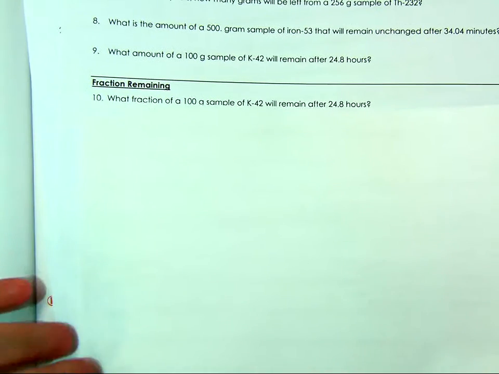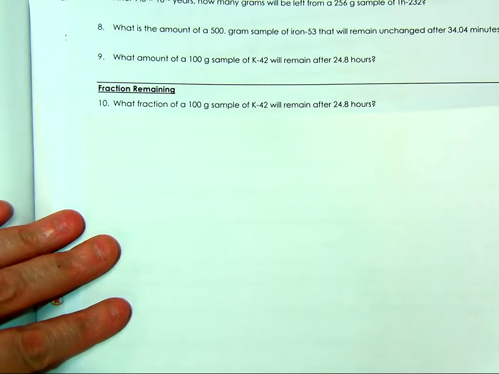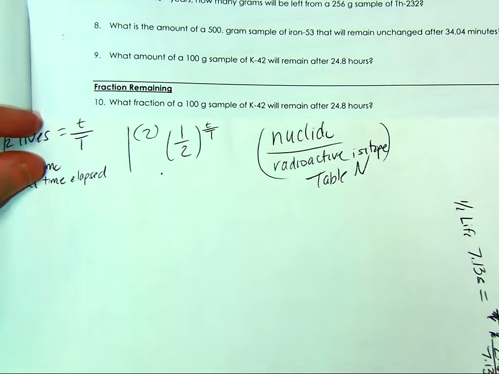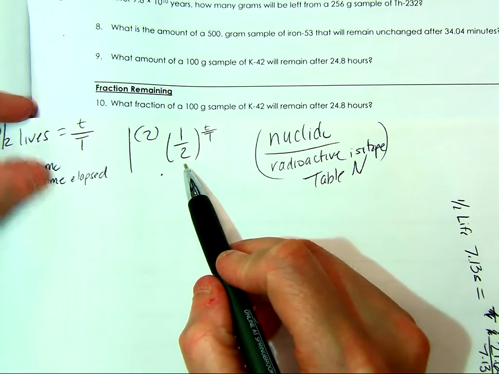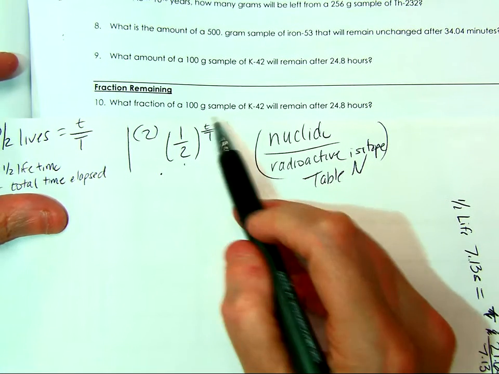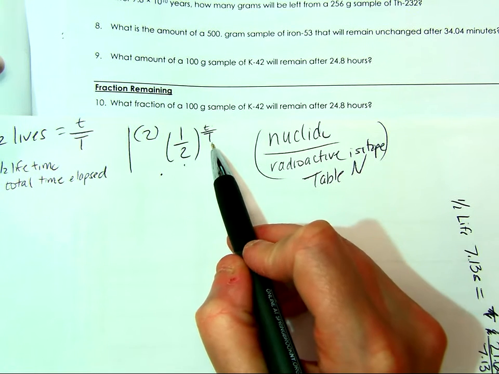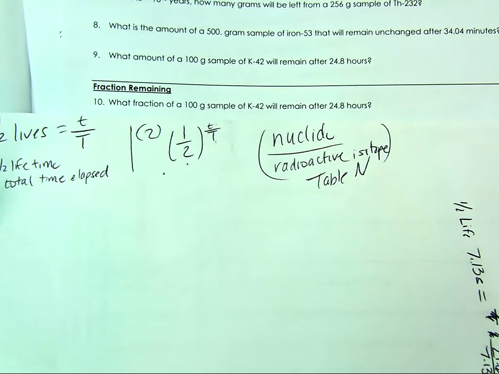So fraction remaining. We can do this a number of different ways. Okay. Let me show you the equation for this one. As you can see, 1/2 is a fraction, and I have little t over big T. Big T is the half-life time, and then little t is the total amount of time. So let's see if we can try to figure this out with potentially what we have here.